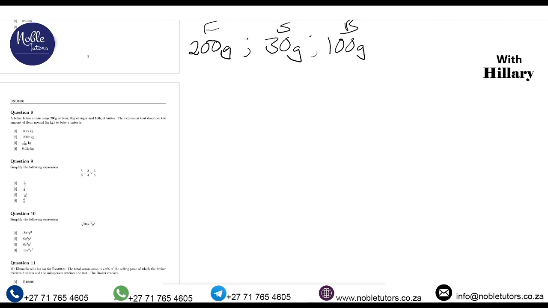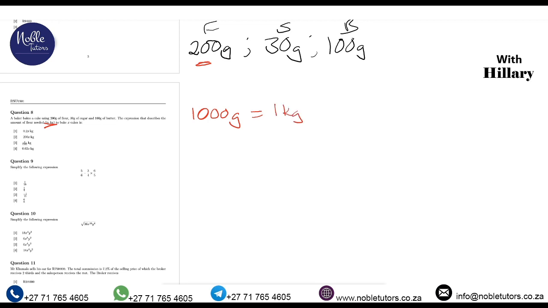They said we need the expression that describes the amount of flour needed in kgs to bake X cakes. So we need to know the amount of flour, and we can see that the amount of flour is 200 grams per cake. But it's given in grams, not in kgs. They need the answer in kgs. So we need to know that 1,000 grams is equal to 1 kg.